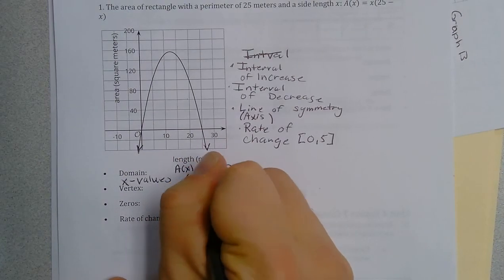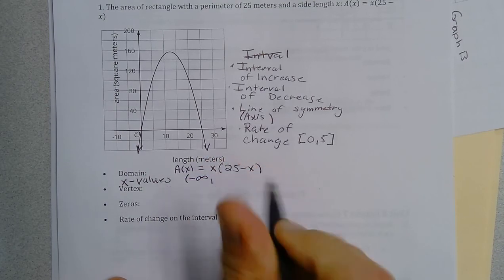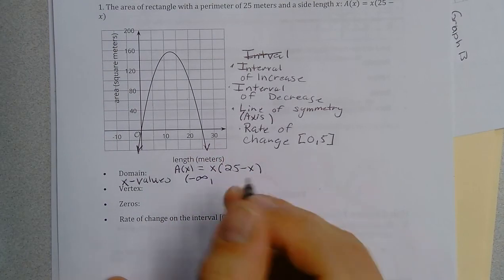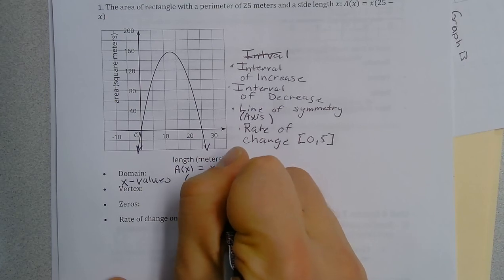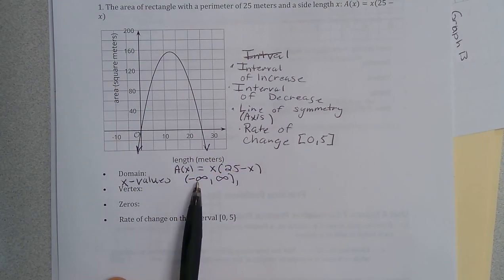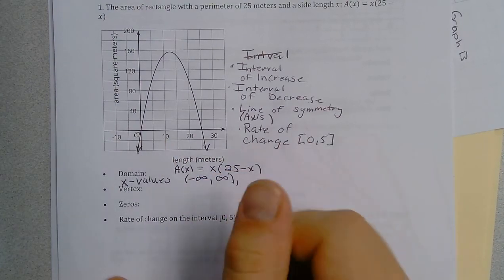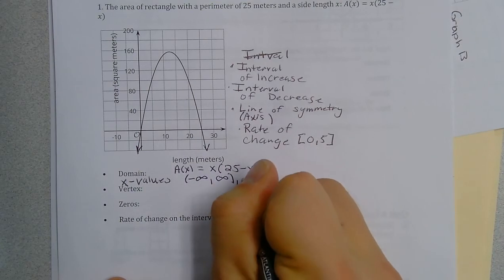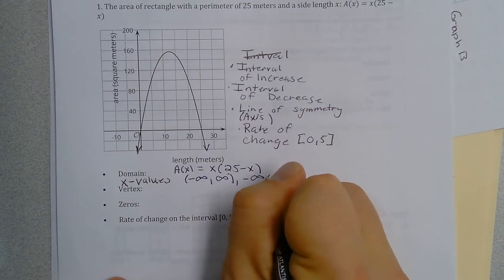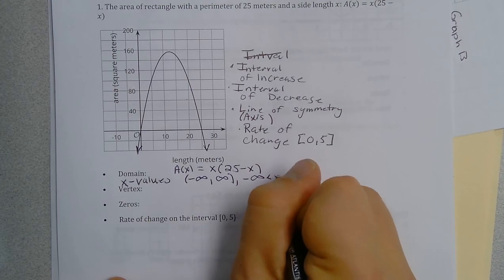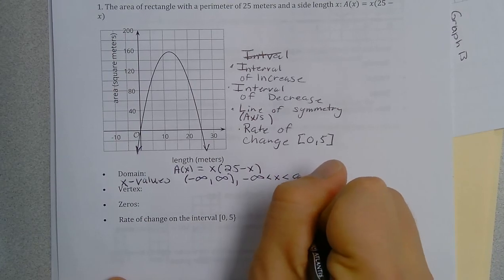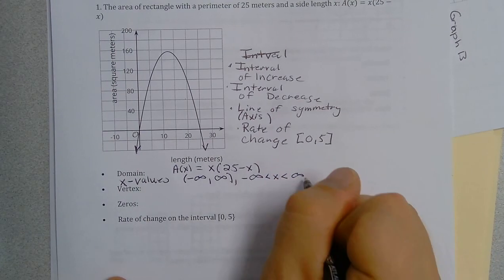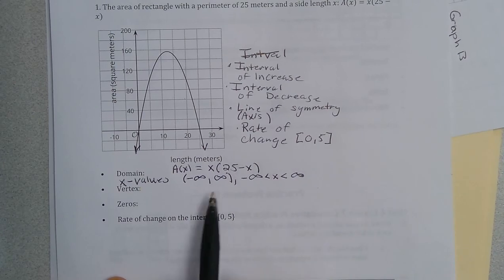So we can say this would go from negative infinity, and in the positive direction, that would go to positive infinity. We could also say, using an inequality statement, x is between negative infinity and positive infinity. Or you could also say x is all real numbers.